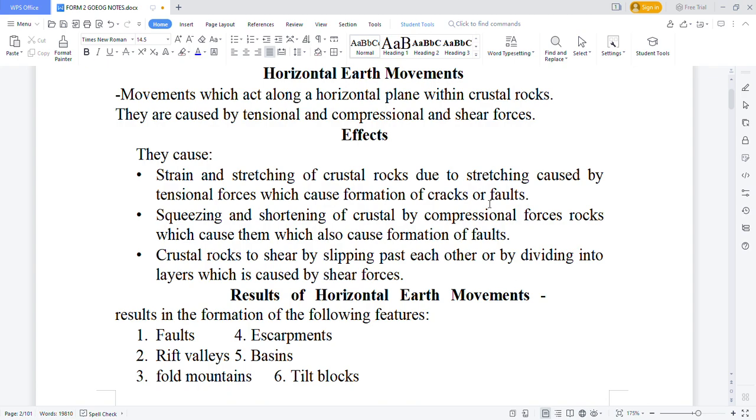Another effect, they cause crustal rocks to shear by slipping past each other by dividing into layers, which is caused by shear forces. Those are the effects of horizontal earth movement.